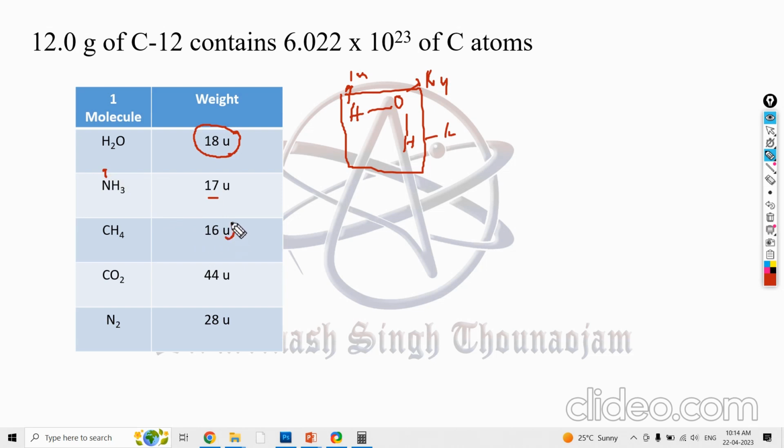Please remember the unit. So 16 u is the weight of one molecule of methane.